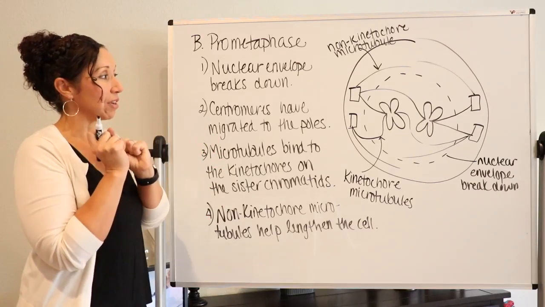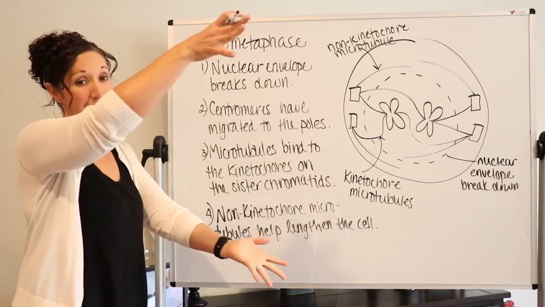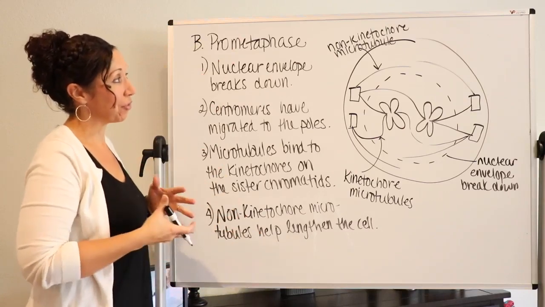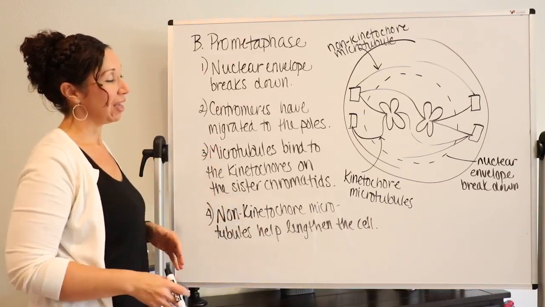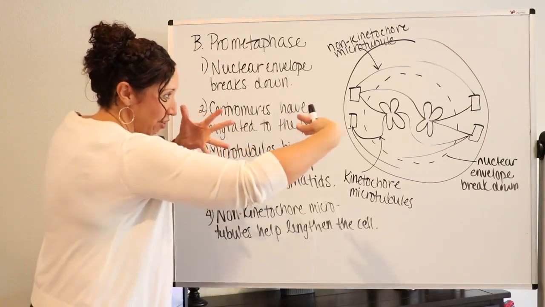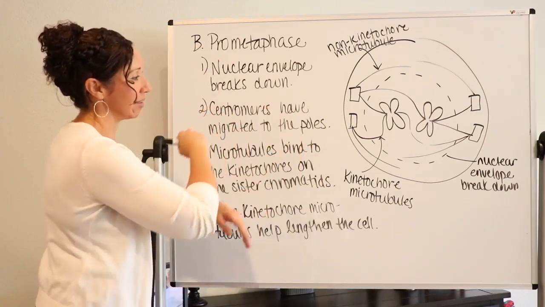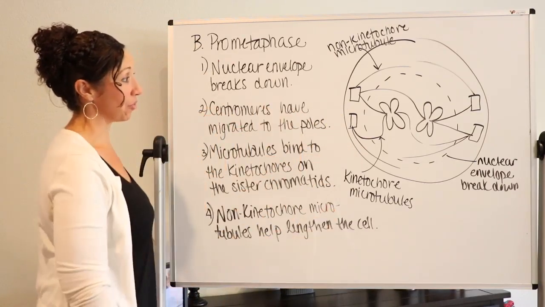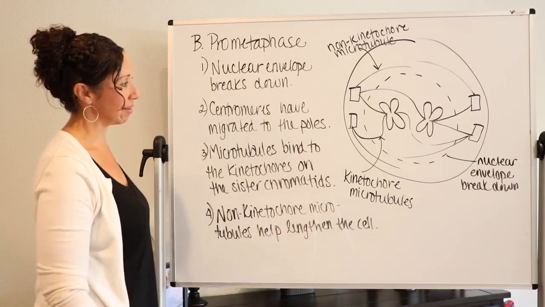The centrosomes are additionally making microtubules that don't attach to the kinetochore, and those are called non-kinetochore microtubules, and those help just kind of to stretch the cell out. They're kind of pushing the cell out, which is great. So we're kind of starting to lengthen the cell a bit.